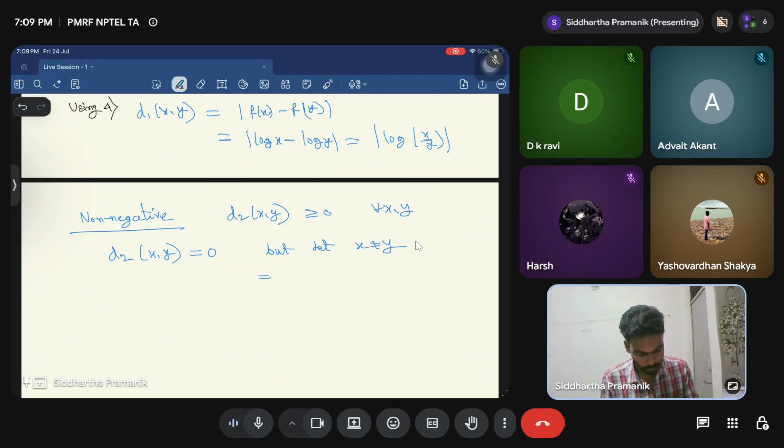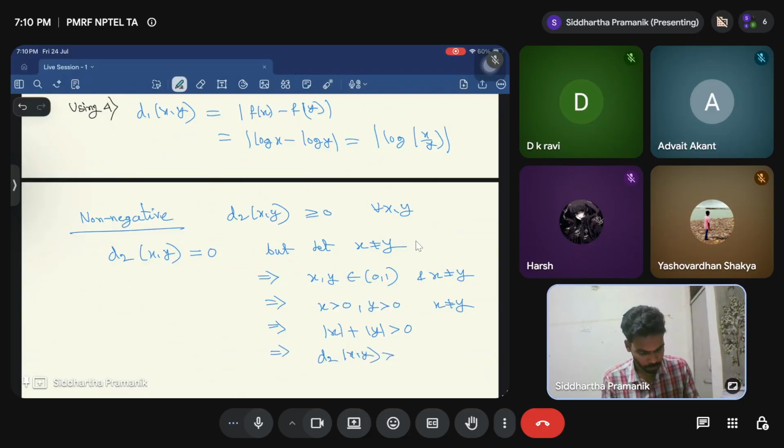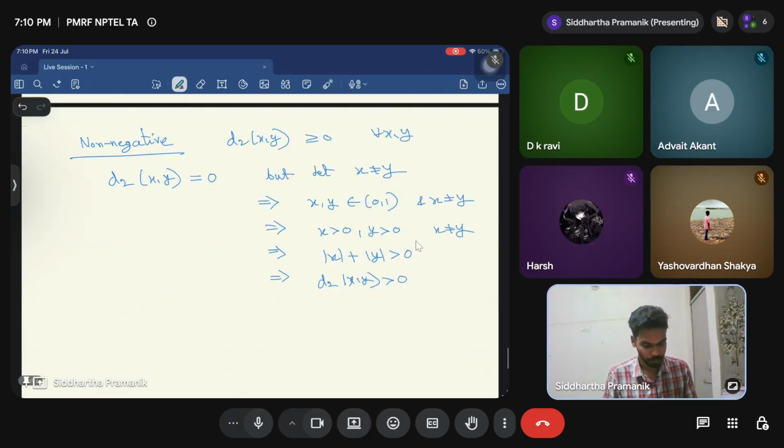So this will imply x, y belong to open interval (0,1) and x not equal y. So this means x is positive and y is also positive and they are not equal. So modulus of x plus modulus of y is positive. So this means D2 of x,y is positive. So it is not 0. So this is a contradiction.